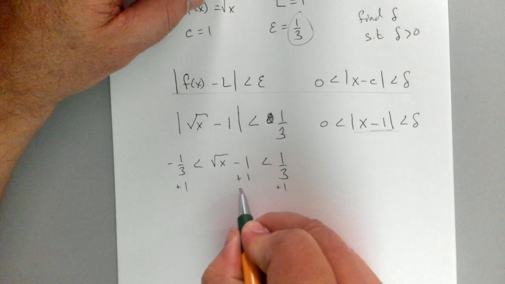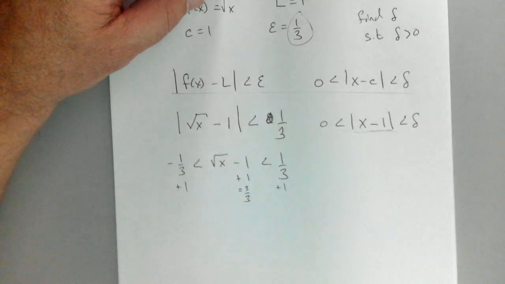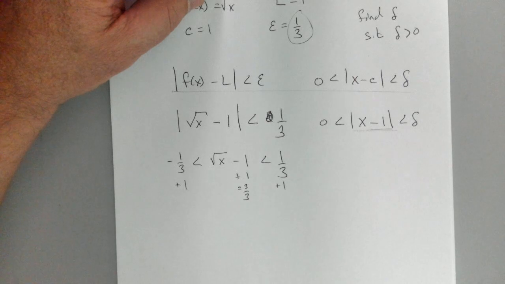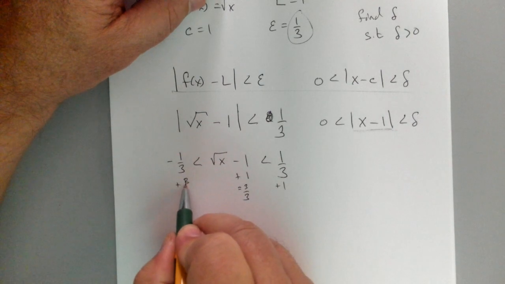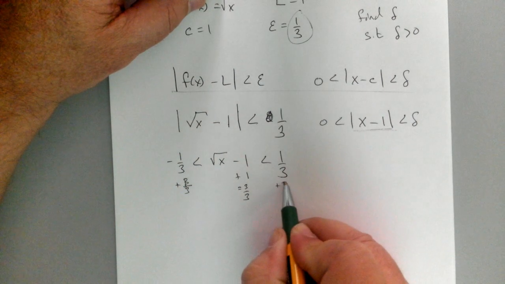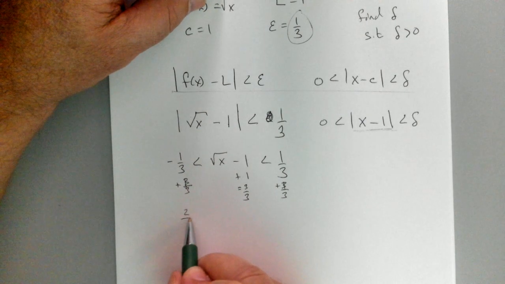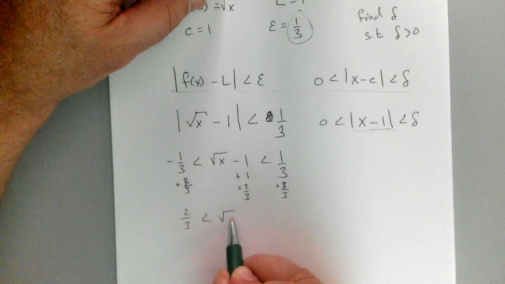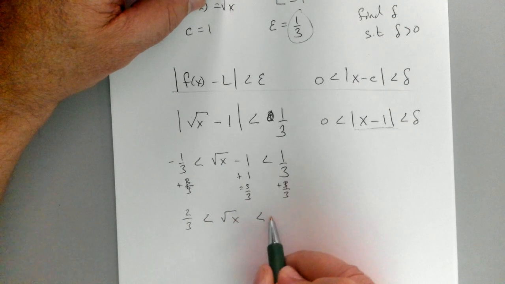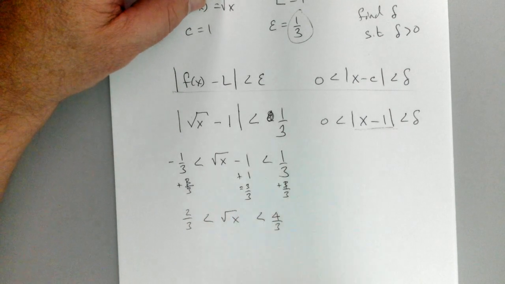1 is actually 3 over 3. Three minus 1 is 2 over 3. 4 over 3.